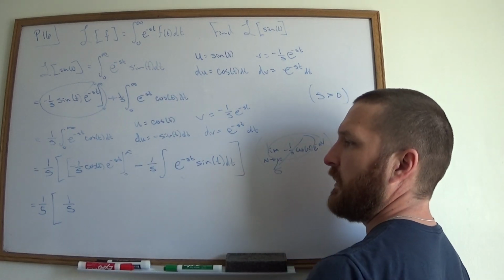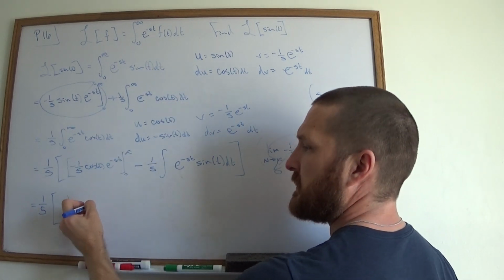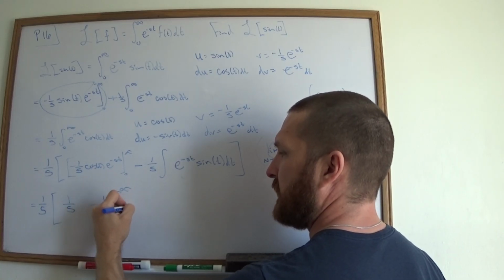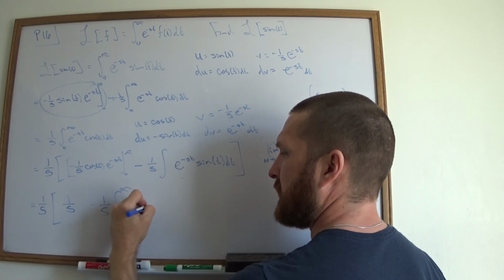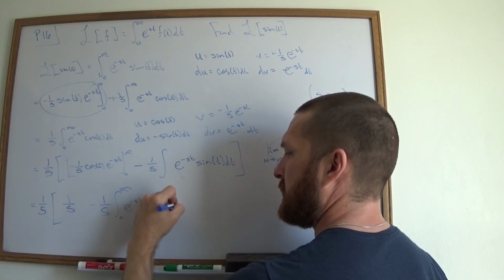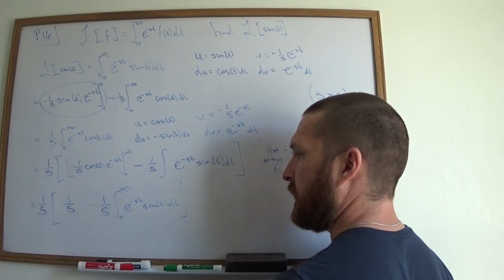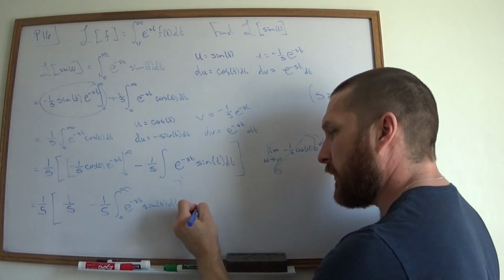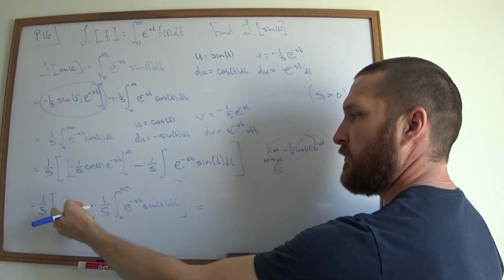Okay. Now, minus 1 over s, integral from 0 to infinity, e to the minus st sine t dt. Well, hold on. Let's just go ahead and do this. I'm going to bring him through.